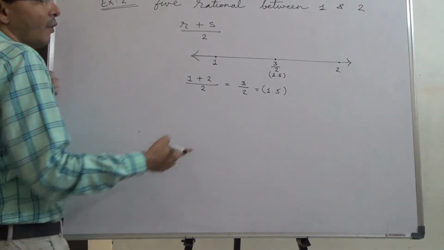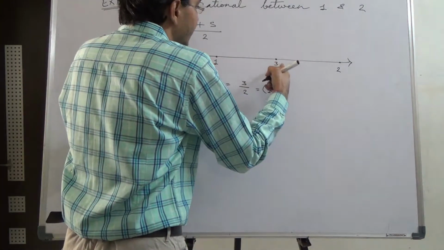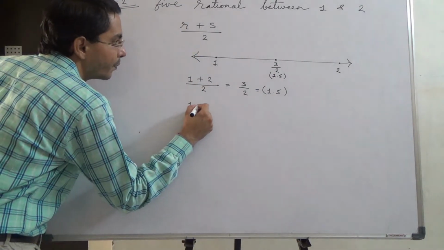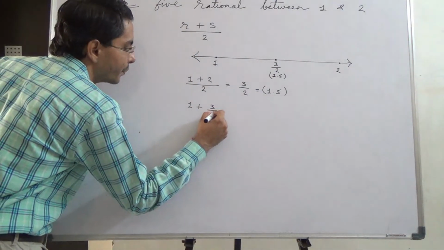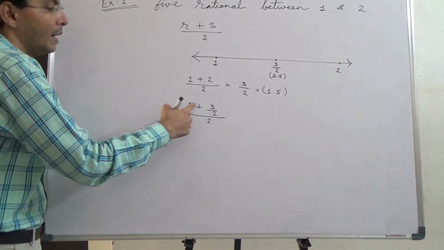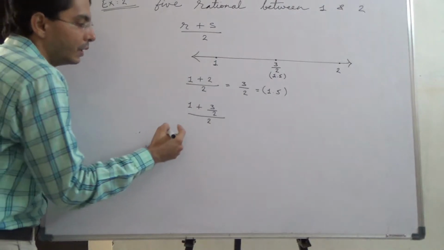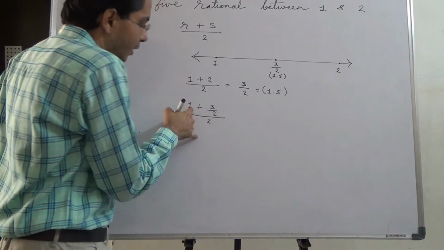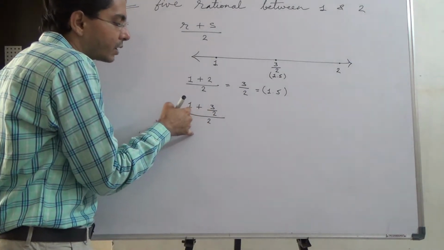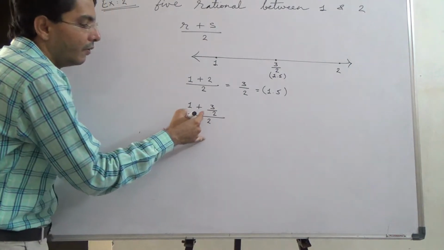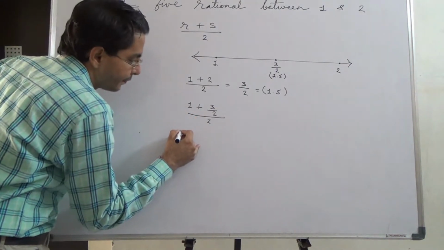Then if I want to find a number between these two, 1 and 3 by 2, it is 1 plus 3 by 2, divided by 2. Here the denominators are not the same and there is an addition sign between both numbers, so we take the LCM.